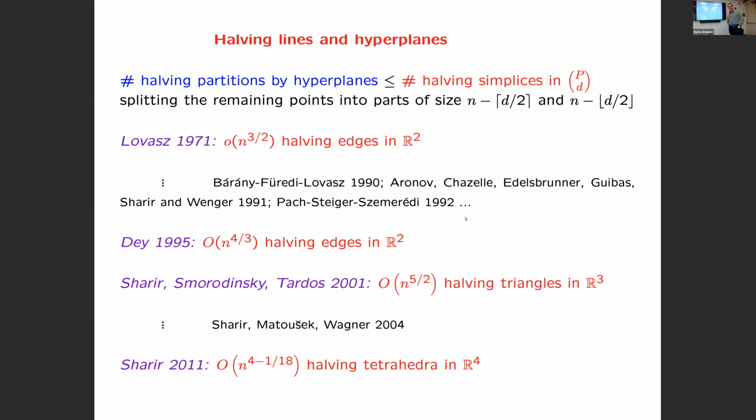Then they improved the planar bound to n to the power of 4/3, and in 3-space there is this bound of order of n to the 5/2, and there is a more tedious ad hoc estimate in 4 dimensions, but all of them use some variants or higher dimensional extensions of the crossing lemma.